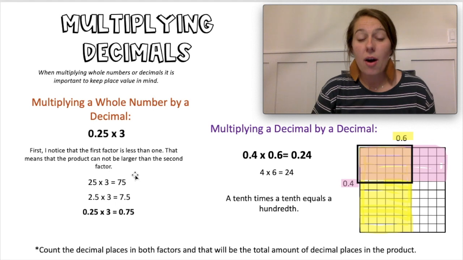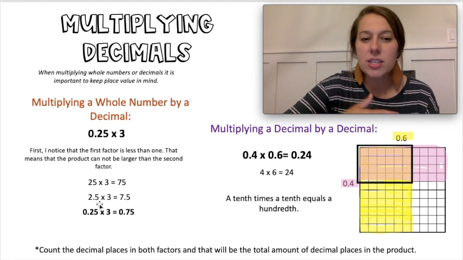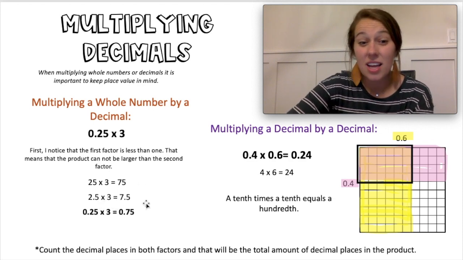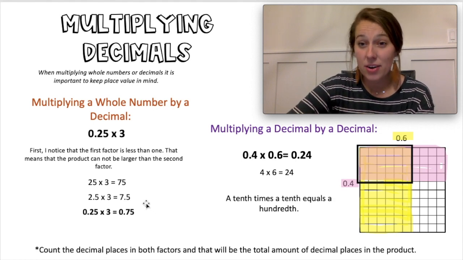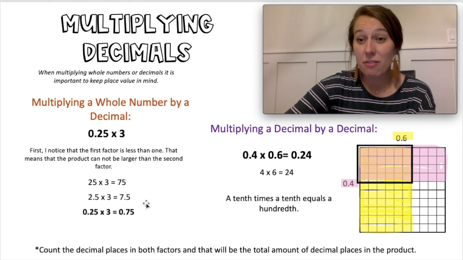Well, I know now I have to think about my decimal. So what if I made it 2 5/10 times 3 equals 7 5/10? I know that can't be right, so I'm going to use that pattern to solve 25 hundredths times 3, because I have the digits 7 and 5.